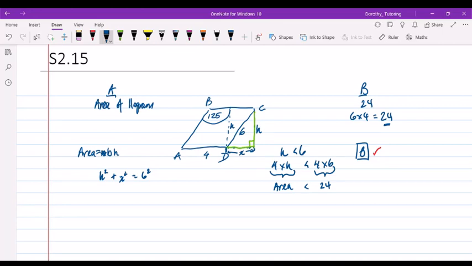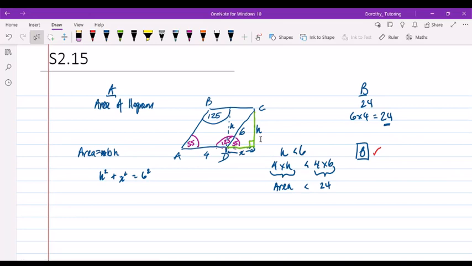Now I'm going to take a little aside here, just a little aside. For those of you who are very strong on maths, so you're engineering maths grads, you're going to look at this and say, hang on a minute, perhaps we can bring a bit more maths to the table and solve the question. Right, the angle across from B is 125. A straight line has an angle of 180, so that little angle in the corner there is 55.